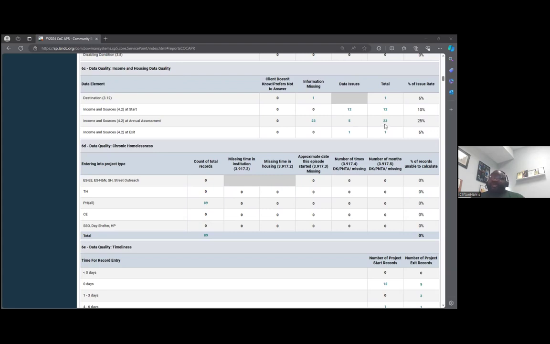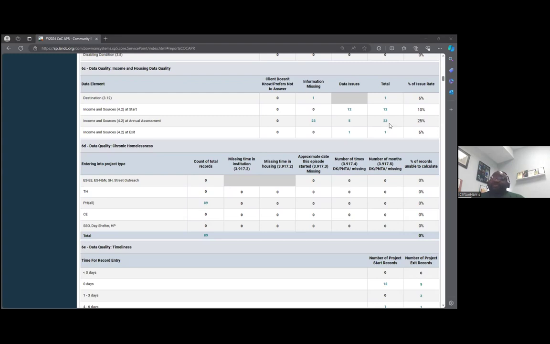in this situation here, there's 23 people that have been in the program more than a year and they don't have an annual assessment done. Before you do any of the other data elements or any of the performance pieces like your income and everything, you want to try to make sure that this is zero.